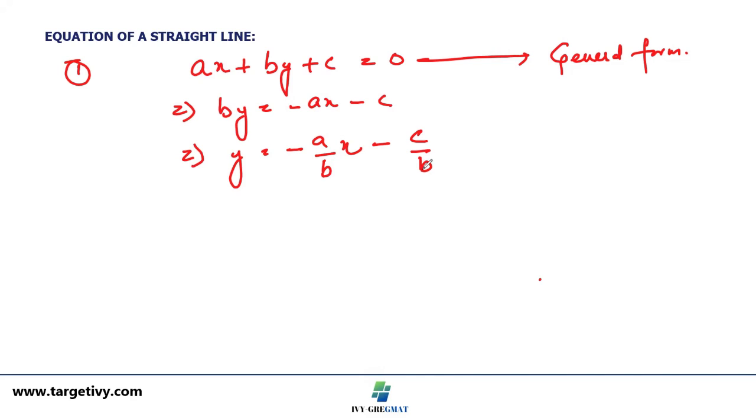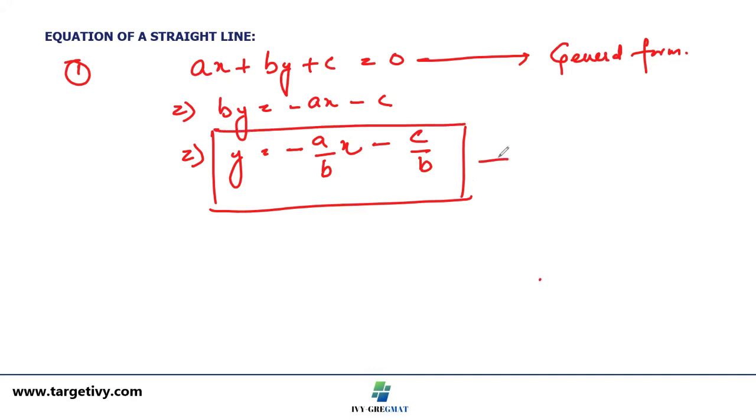Now the moment I write this, I am putting it in the form of something called the point intercept form or the slope intercept form. Why this? Because the moment I write it like this, looking at the equation, I can make out how the line looks on a coordinate plane.